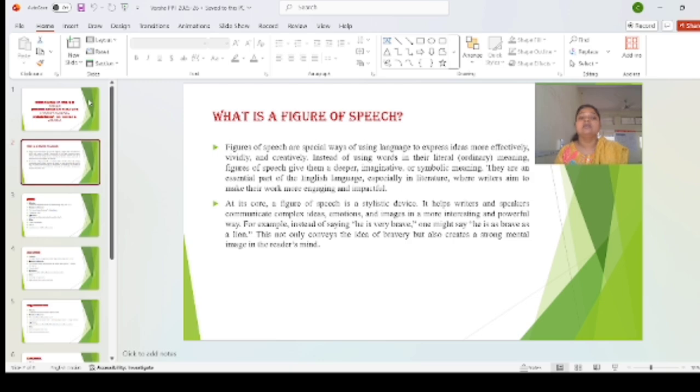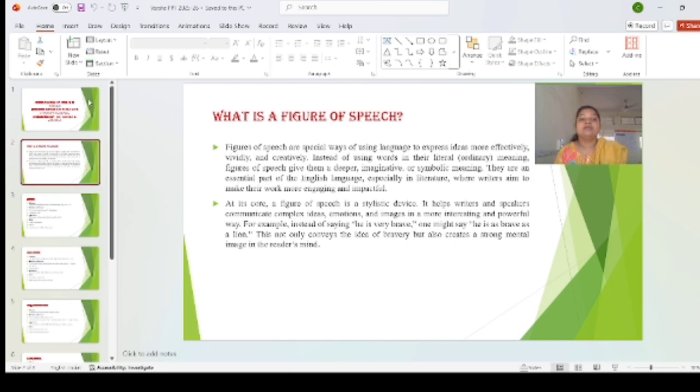For example, we normally say, she is as beautiful as a rose. We can simply say that she is beautiful, but instead of that we are saying she is as beautiful as a rose. Here we are using a figure of speech as an ornamentation to the language.